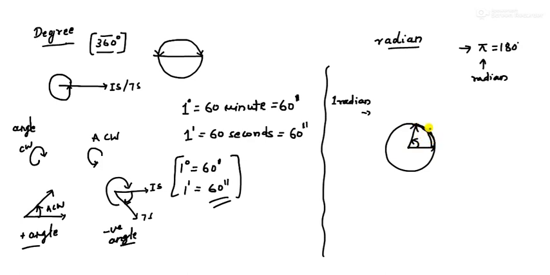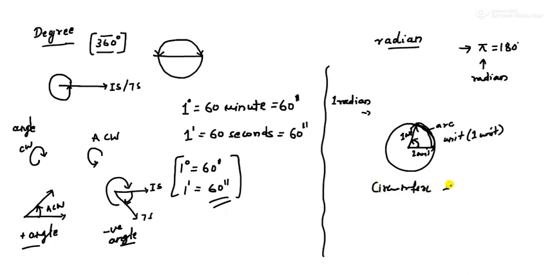By an arc of unit length. The length should be 1 unit, and the radius is also 1 unit. It means if this is 1 centimeter, this will be 1 centimeter, and this will also be 1 centimeter. So the angle formed will be called what? 1 radian. Understood?